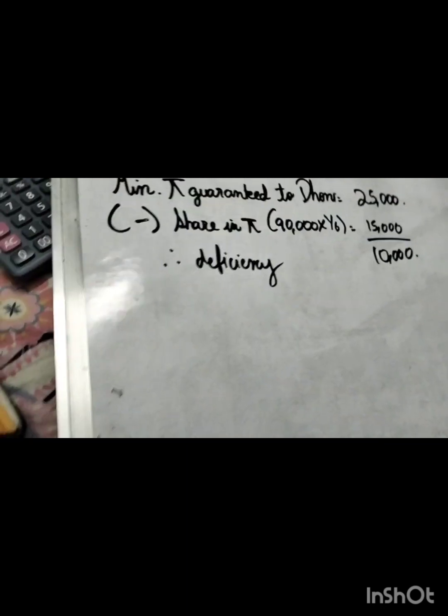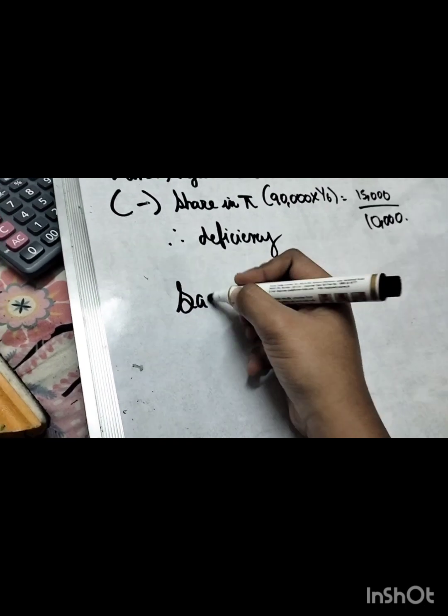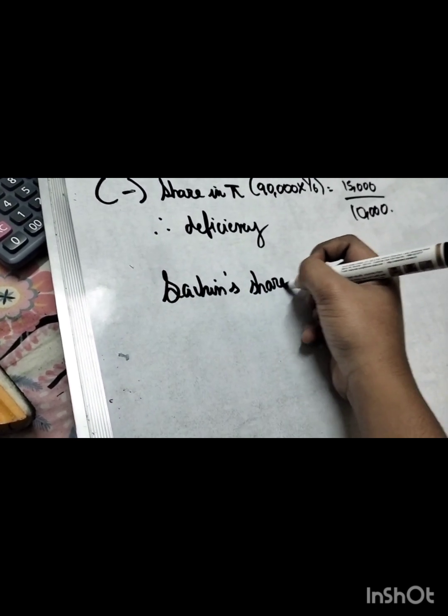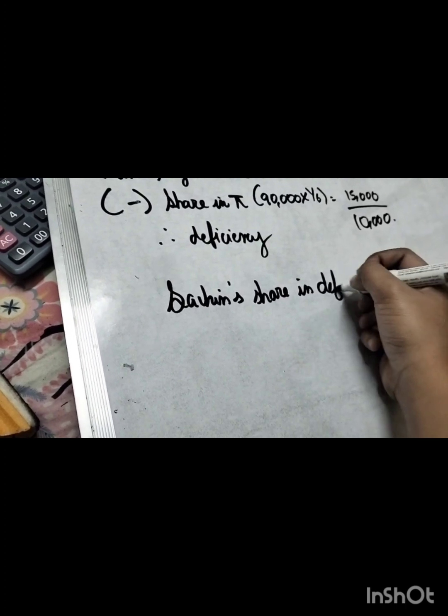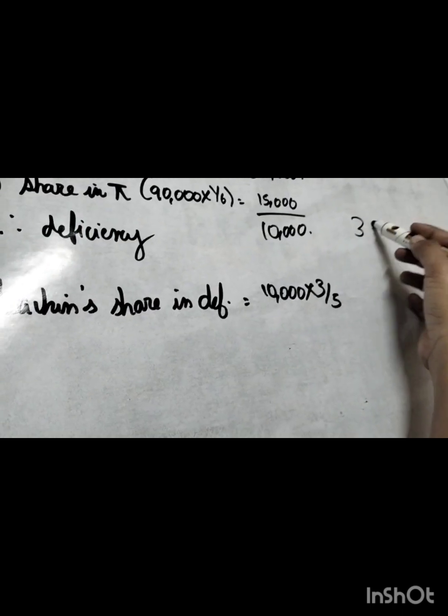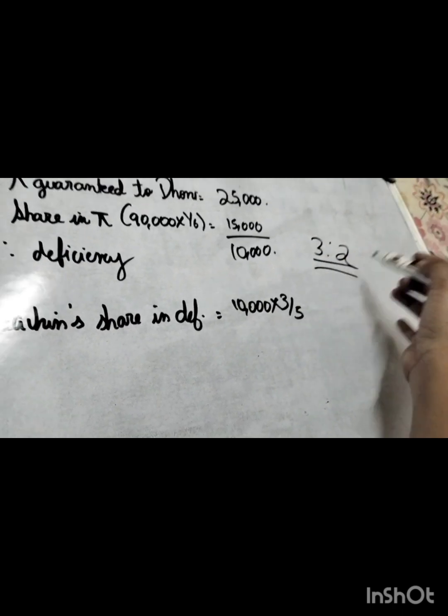Next you need to write Sachin's share in deficiency. So that's going to be 10,000 into 3 by 5. You might be wondering why not 3 by 6, because before they admit Dhoni, their ratio was 3:2.